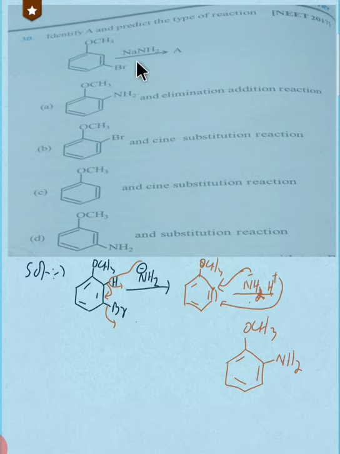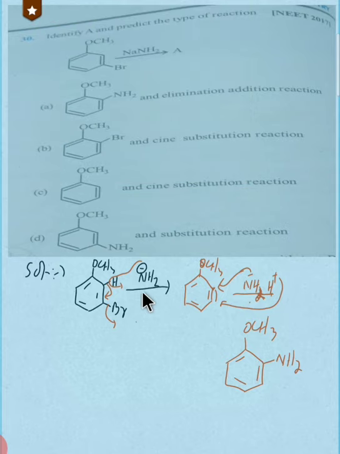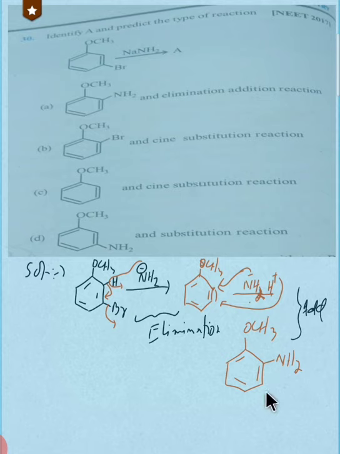So this first step is elimination, because hydrogen and Br go out to form a pi bond here, and this second step is addition reaction. So the product A is this compound, 2-methoxyaniline.